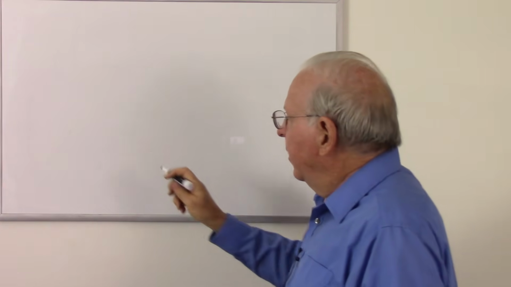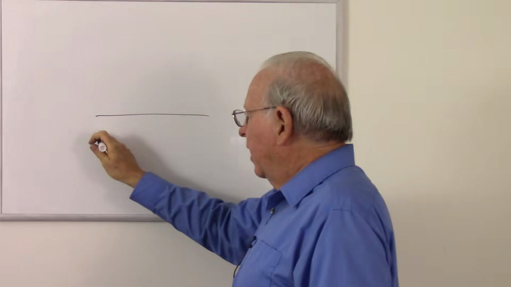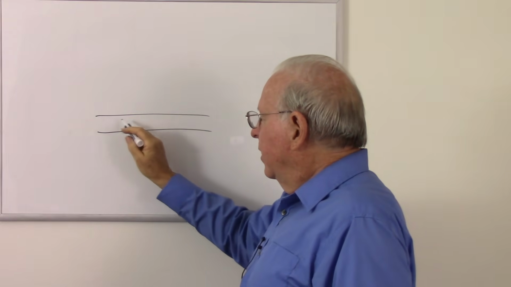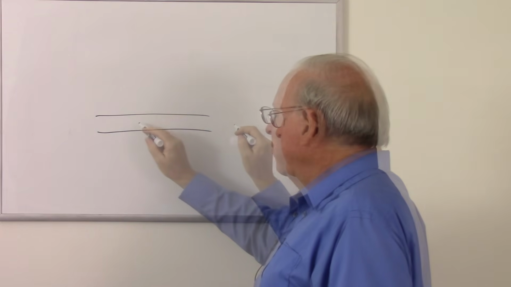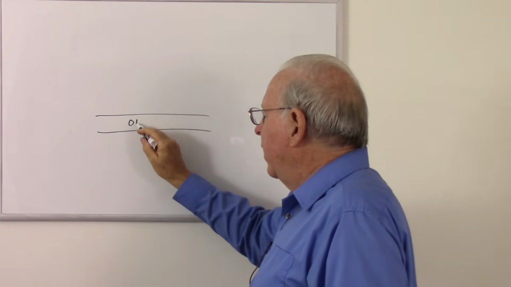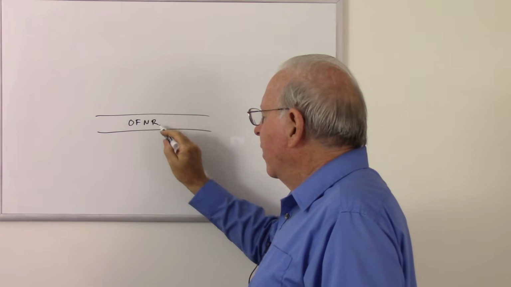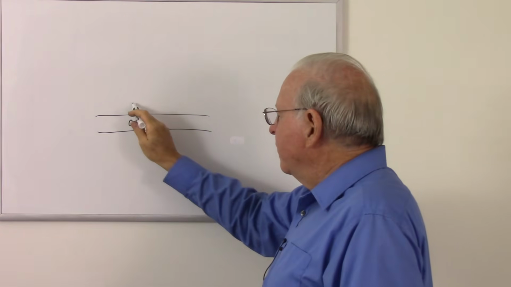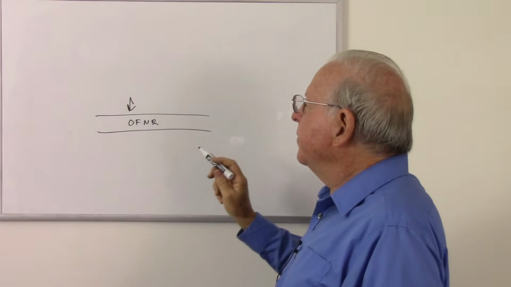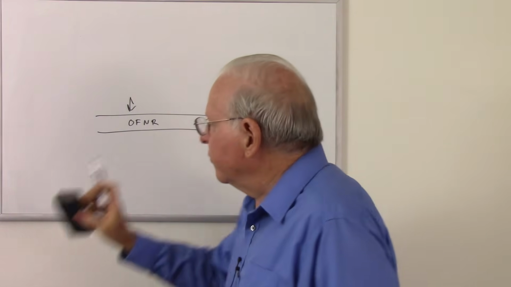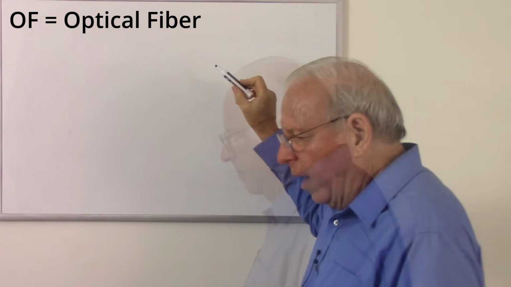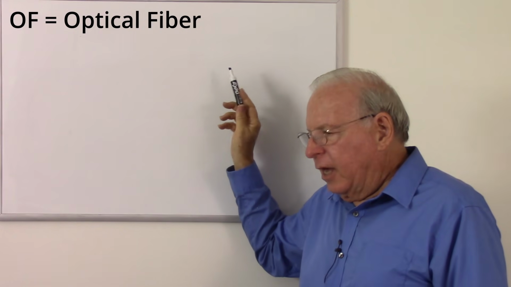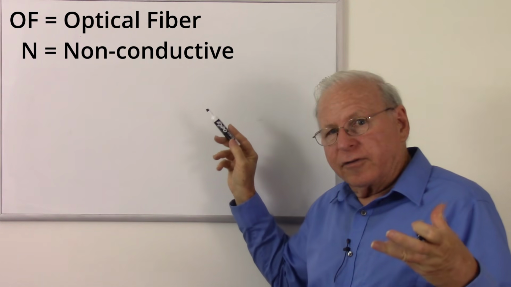Okay, some of the things you might see on the cable. I'm just going to decipher this real quickly. You might see on your cable all sorts of information. And one of them might say something like OFNR. What does that mean? That's easy to figure out there. OF, optical fiber. So let's put these up here as we go across them. OF is optical fiber. N means non-conductive, so there's nothing conductive in there.